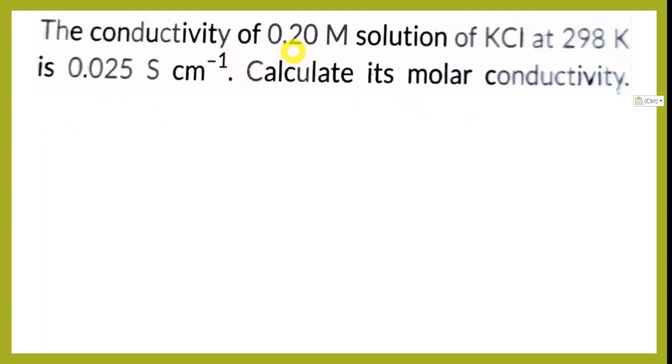The conductivity of the 0.2 M solution of KCl at 298 Kelvin is equal to 0.025 Siemens per centimeter. So this is the conductivity, that is the kappa value. Calculate its molar conductivity. They are asking for the molar conductivity, so let us write the formula here.